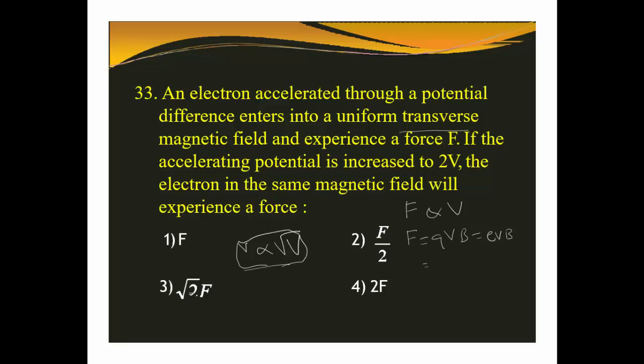So F is directly proportional to small v, and small v is directly proportional to root of big V. Big V is the potential difference, small v is the velocity. So force is directly proportional to root of the potential difference. F1 by F2: the potential difference is made 2 times, so F becomes root 2 times F. Option is 3.